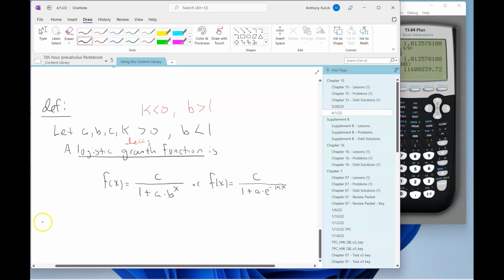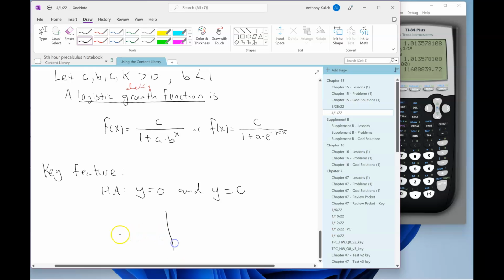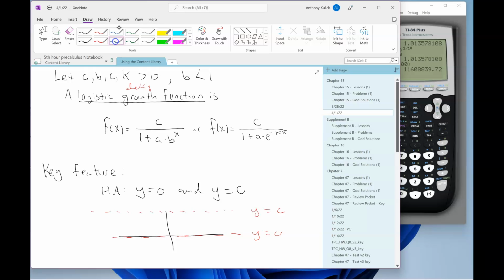All right. Now, one of the key features for these logistic functions is that we have horizontal asymptotes at y equals 0 and y equals c. So if we think about the graph for this, we'd have a horizontal asymptote here at 0, and another horizontal asymptote here at c.